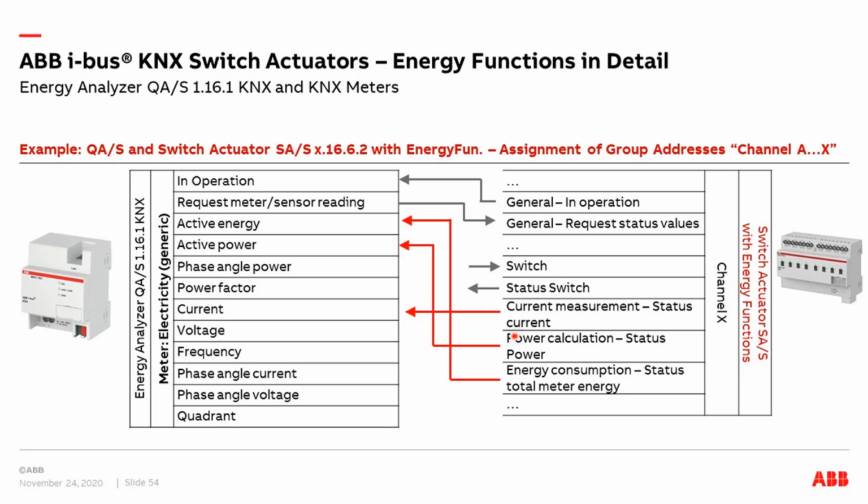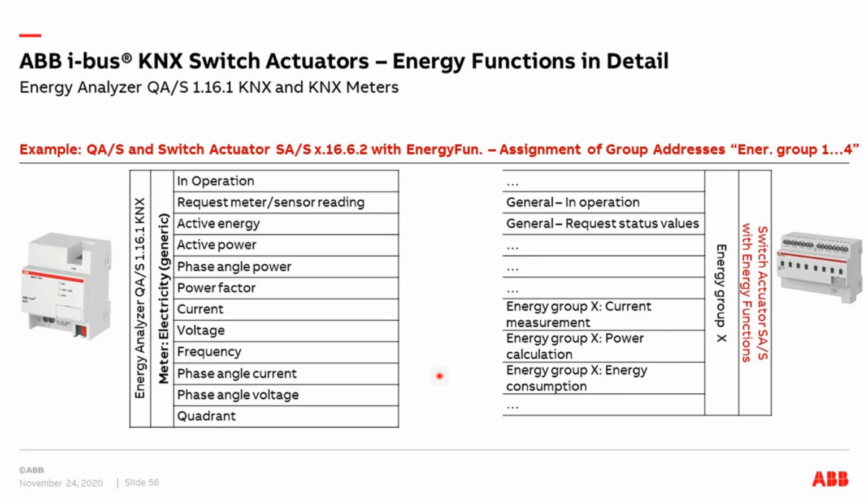Then we link the group addresses for the current here to the object current, for the power to the object active power in the energy analyzer, and here the energy consumption. So we need here minimum these 3 group addresses, and of course we can have more.